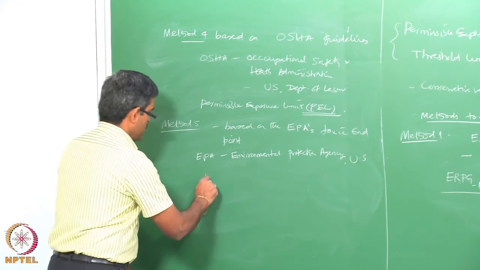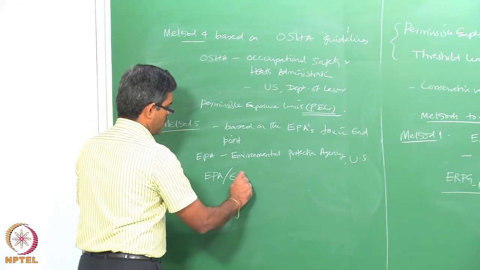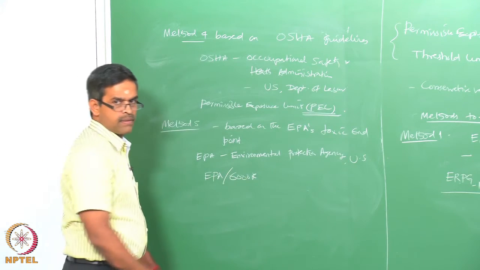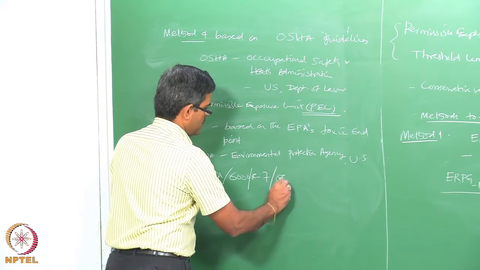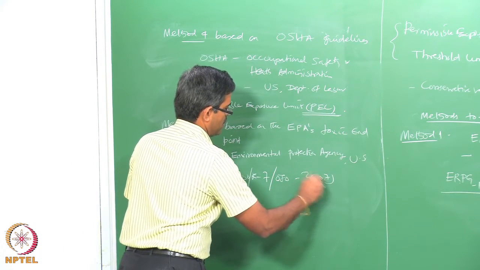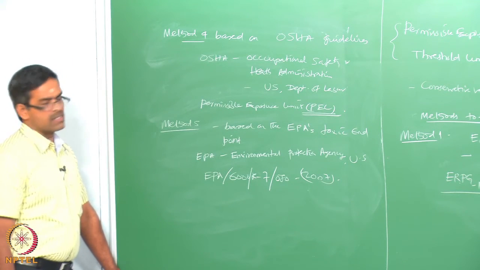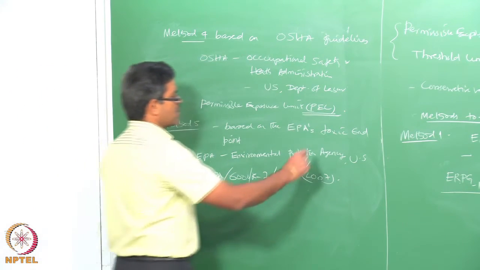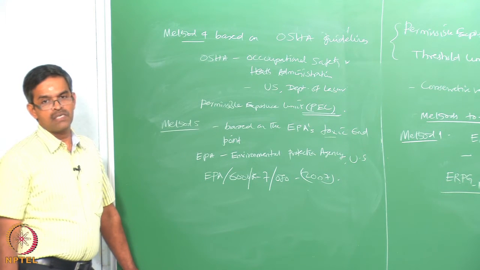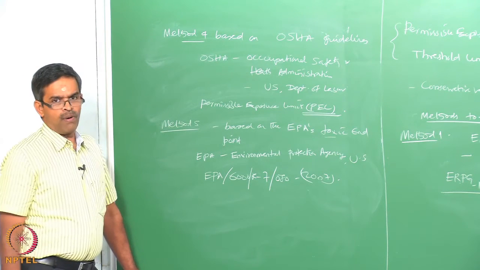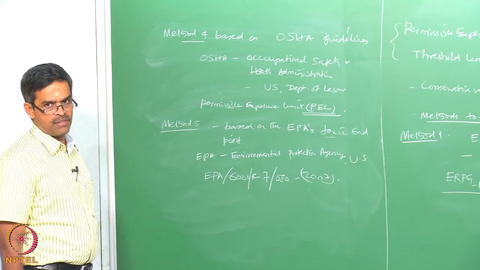For example, EPA 600/R-07/080, revised in the year 2007, is one typical report which suggests the maximum toxic limit of a chemical which can be dispersed in the atmosphere.